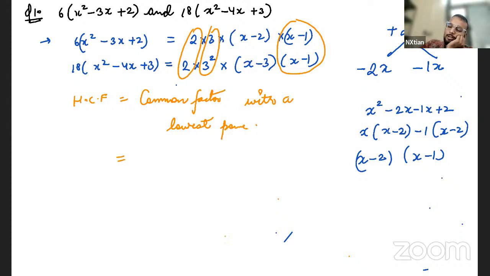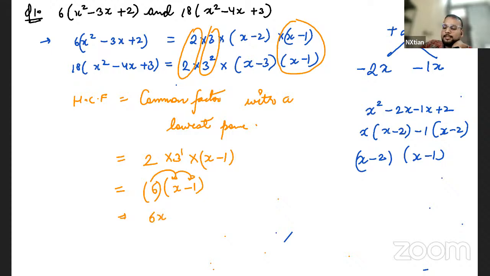Now 2 is common, so 2 will be there. 3 to the power of 2 and 3 to the power of 1 are common, but the lowest power is 3 to the power of 1. Understood? And x minus 1, because both have the same power, so you can write any one of them. So it will become 6 into x minus 1. If you multiply, you will get the answer as 6x minus 6. This is the answer.